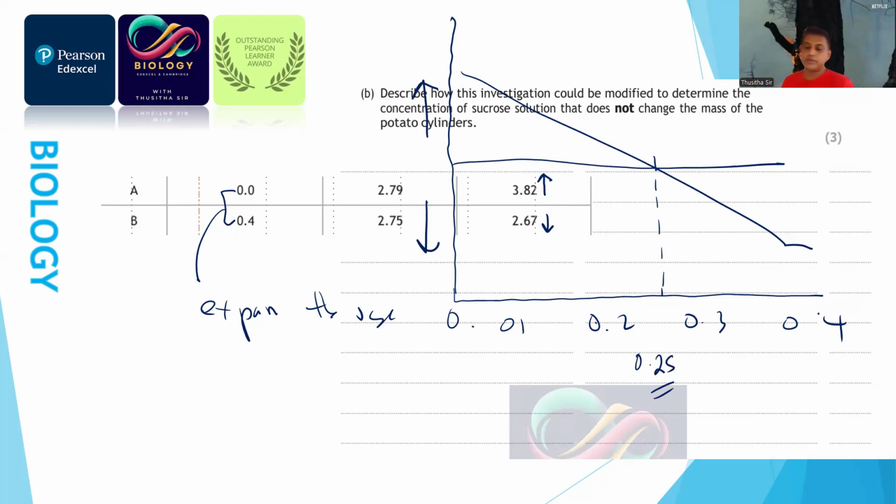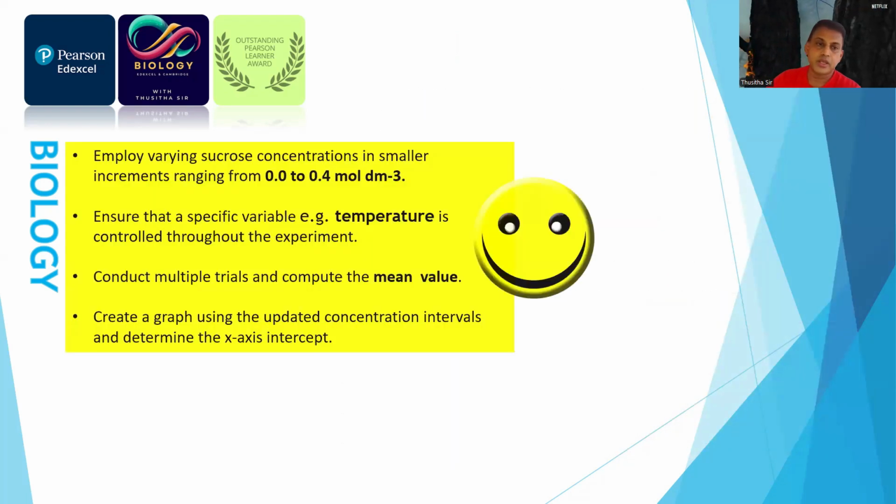Right, now I'm going to show you the model answer for this. Vary the sucrose concentration in smaller increments, ranging from 0 to 0.4. According to this, we should also keep other factors, like temperature, constant.